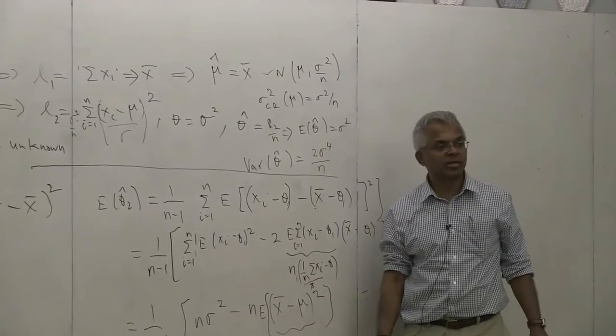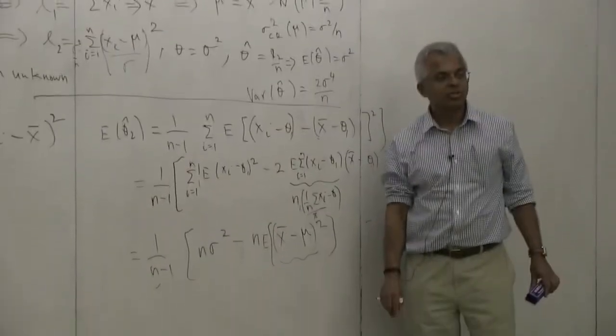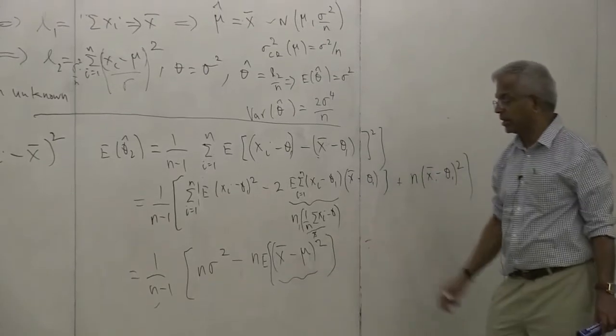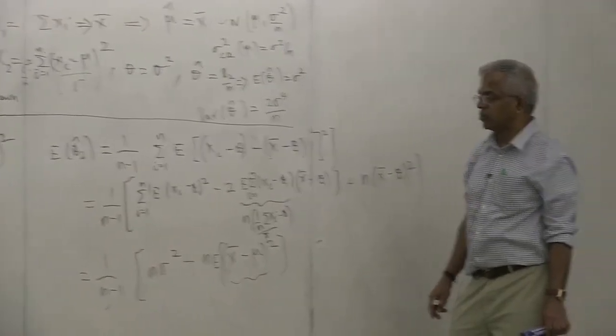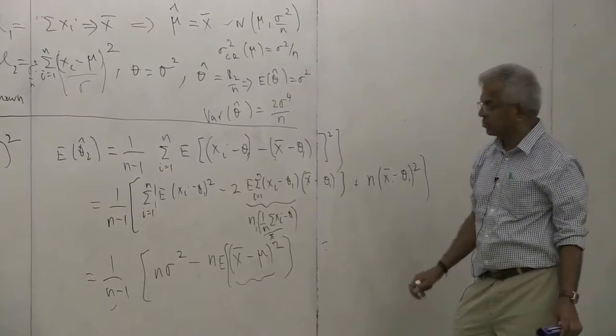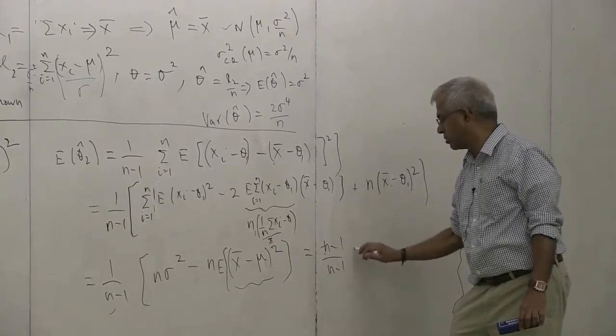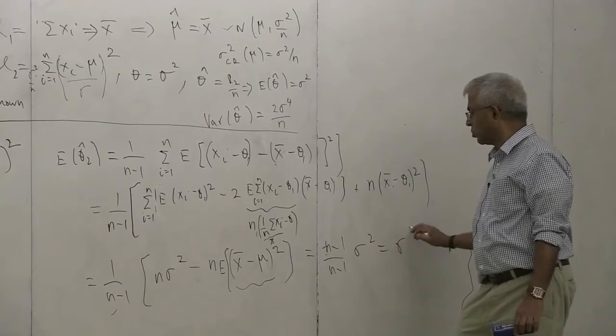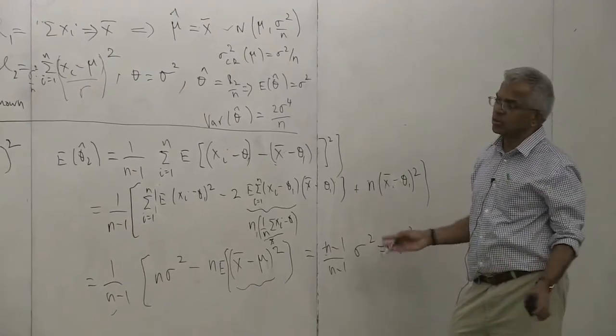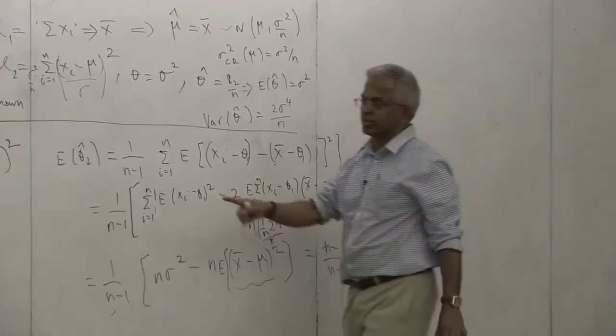So what is the value of this? X bar minus mu the whole squared. Sigma squared over n, okay? N cancels. So what do you get? Sigma squared, right? So n minus 1 over n minus 1 sigma squared. So after all this, I showed you that that's indeed an unbiased estimator, okay?